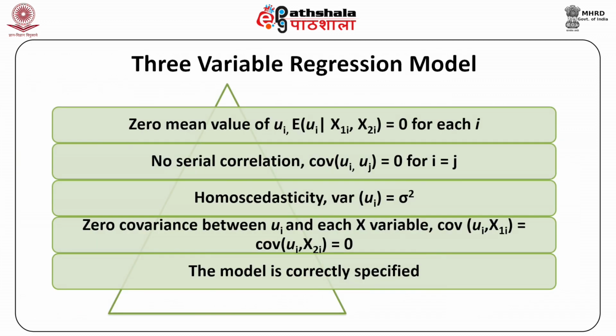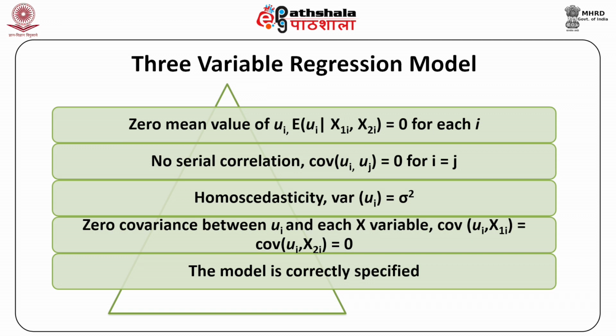We assume the same conditions as assumed under the simple regression analysis. First, zero mean value of mu i: expected value of mu i given x1i, x2i is equal to 0 for each i. Second, no serial correlation: covariance of mu i, mu j is equal to 0 for i not equal to j.